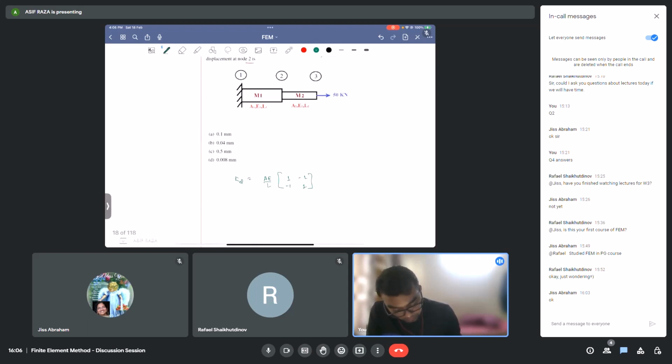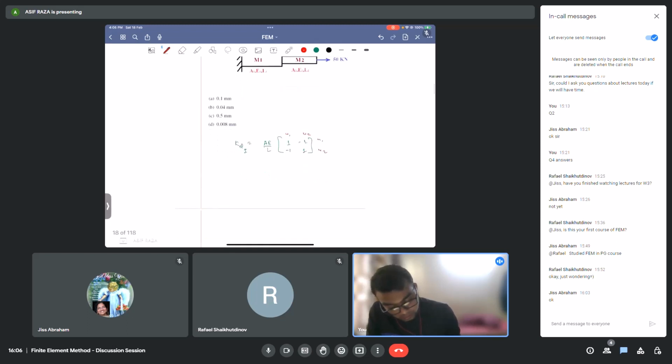So if I take my first element, this will be with respect to u1, u2. I better draw the diagram also so that you guys don't get confused.